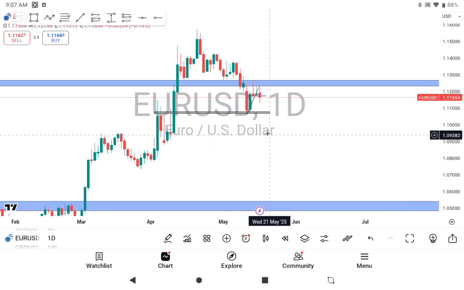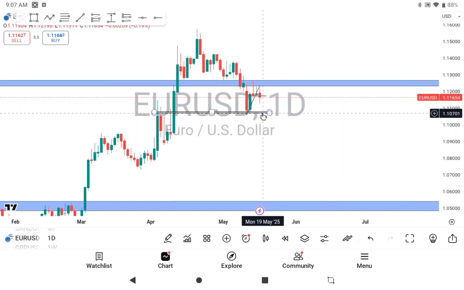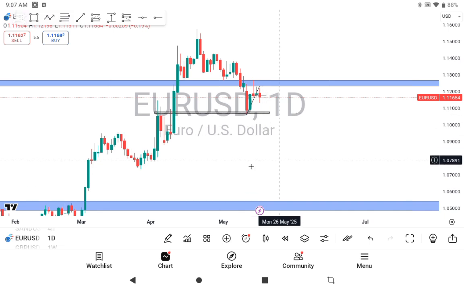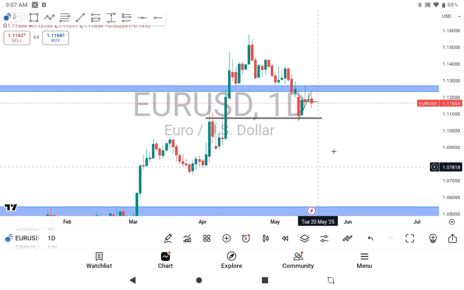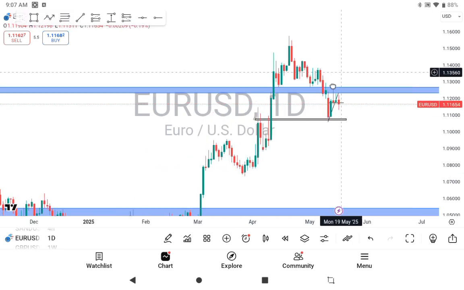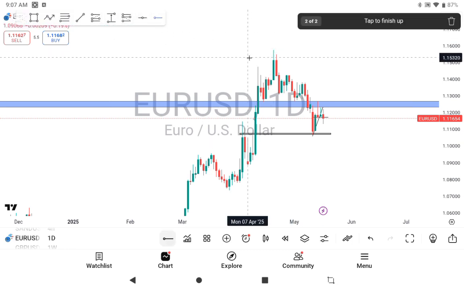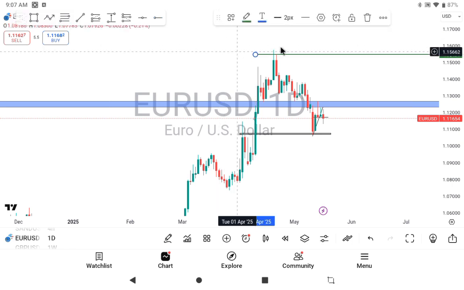But even before Euro USD starts to drop, it has to come test the support level first. If the support level is cleared, Euro USD will start dropping. But at the same time, I started to look at the chart again, and there is a possibility that we might have price coming to this level of resistance bar right here.